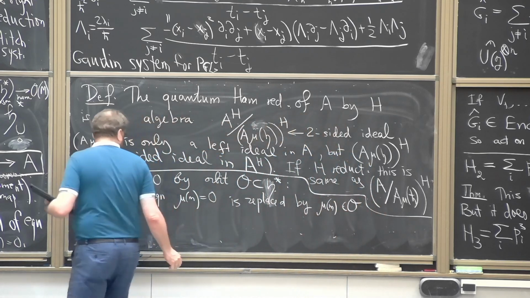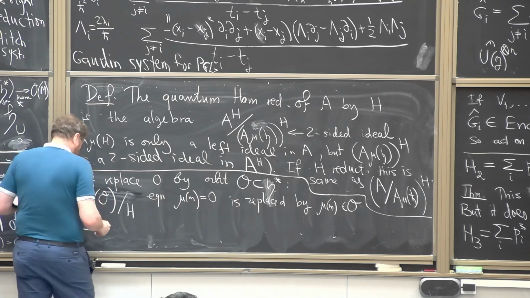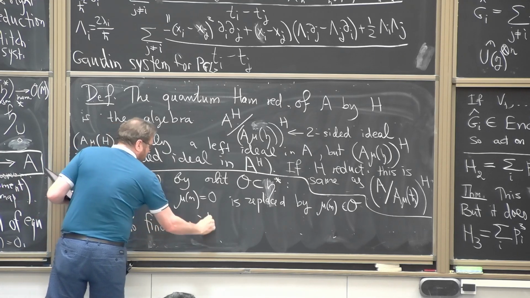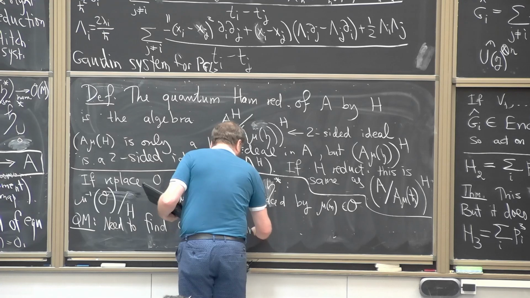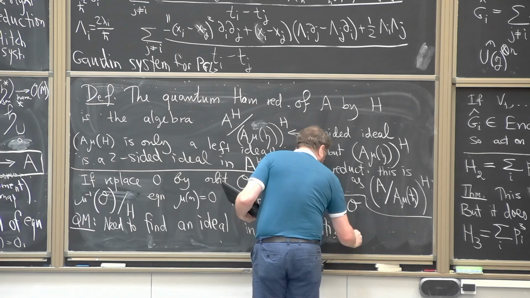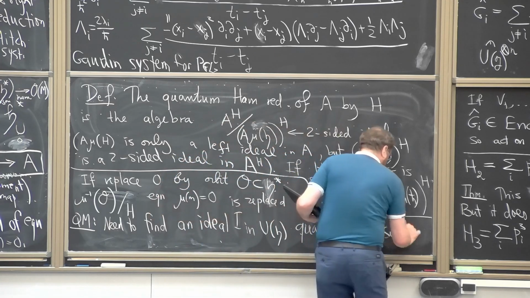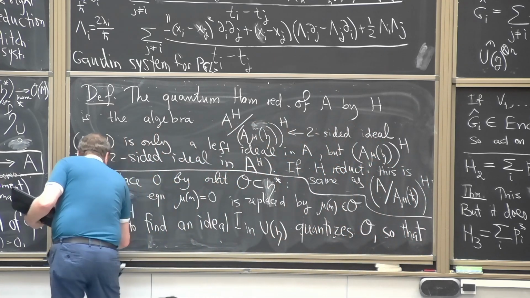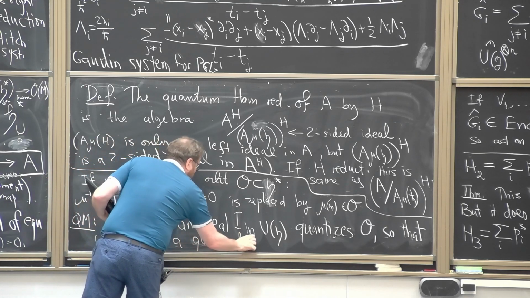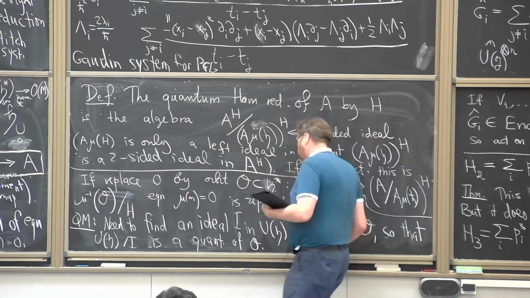So in quantum theory, what should we do? We should quantize the orbit O. So in the quantum mechanical setting, we need to find an ideal in the enveloping algebra which quantizes this orbit O. Let me call this ideal I, so that U of G over I is a quantization of O. Well, this is in the case when h bar is set to 1.